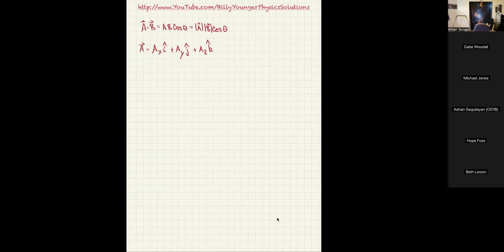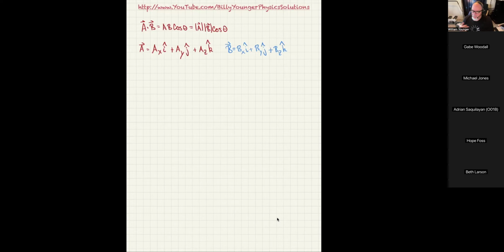And similarly, we could define the B vector as B sub x i hat plus B sub y j hat plus B sub z k hat.